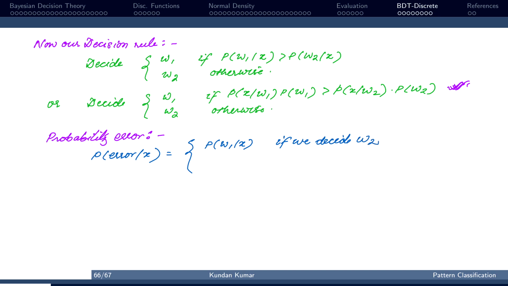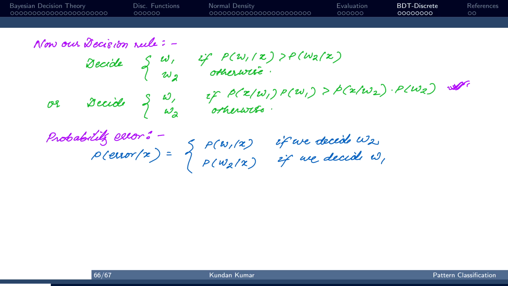So if we decide class 2, then the probability of error will be the posterior probability of class 1, and the probability of error will be the posterior probability of class 2 if we decide omega 1.